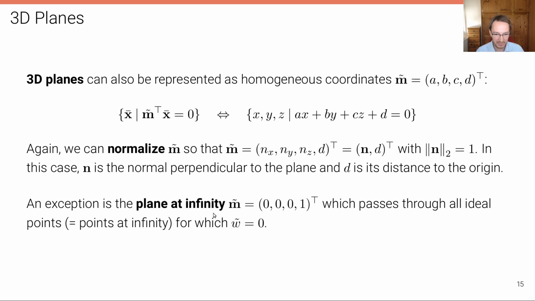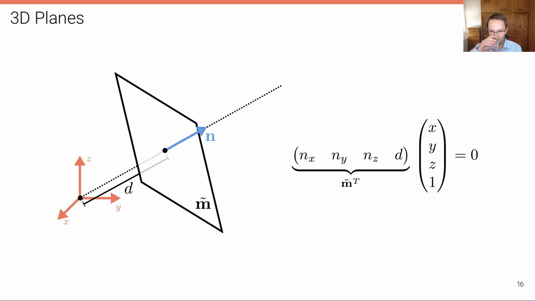An exception is the plane at infinity, which passes through all ideal points, or points at infinity, for which w tilde is 0. Here's an illustration. I mentioned before that I would show an illustration for lines, but I omitted that.